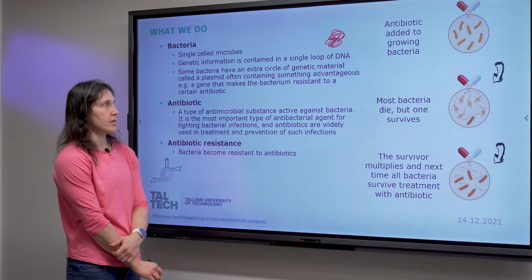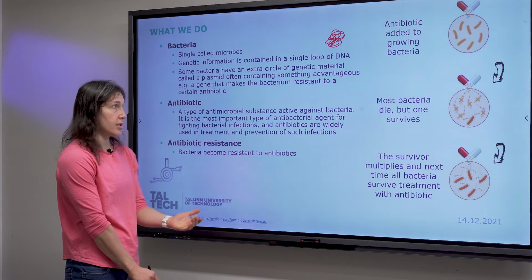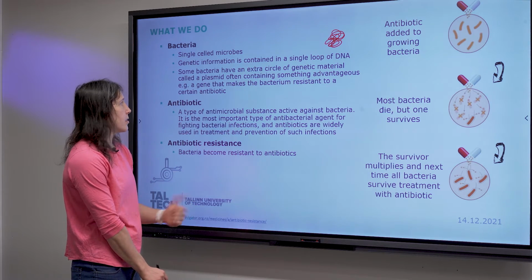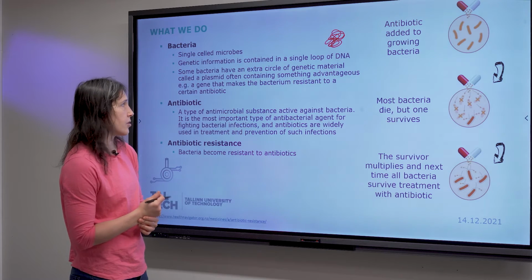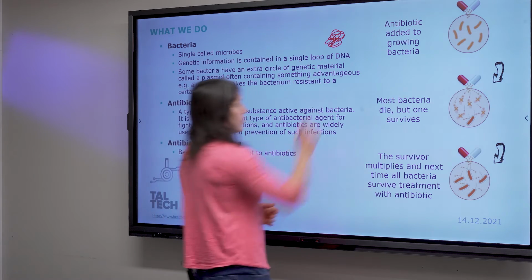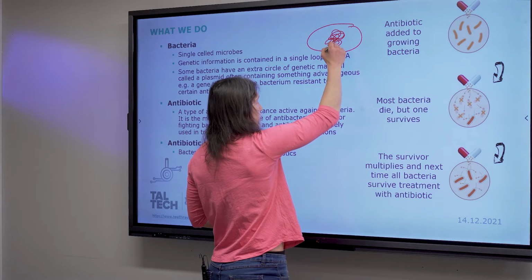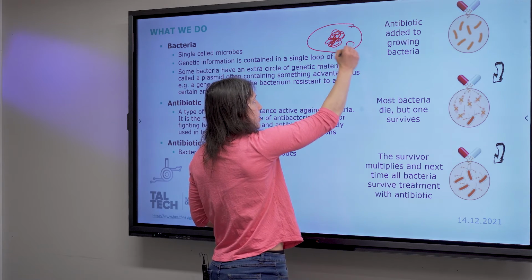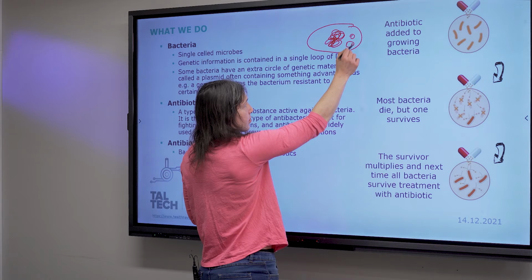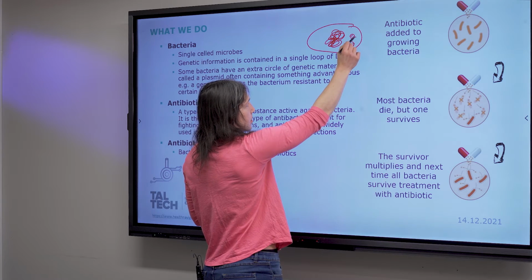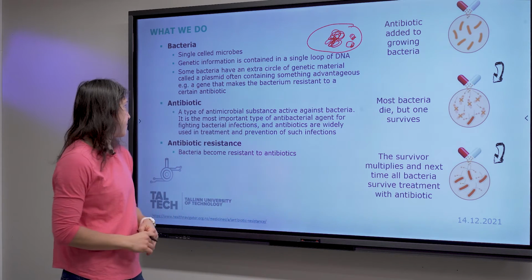It often contains something that's advantageous for the bacteria, for example, a resistance gene to certain antibiotics. So let's say we have the bacteria, so this is their main DNA, but then they sometimes have these small circles, and on that circle is, for example, a resistance gene marker.